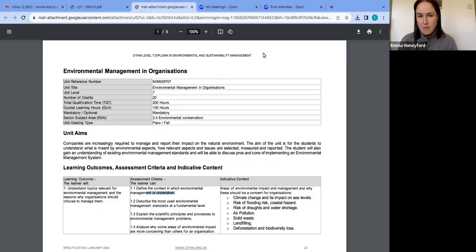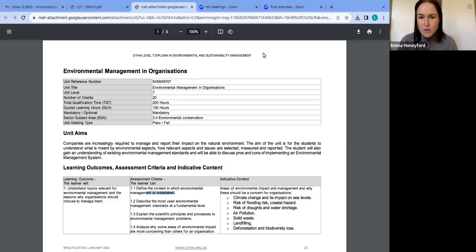So the unit aim, Dahlia, is that we're going to look at how companies are increasingly required to manage and report their impact on the natural environment. We'll look into the drivers of that. The aim of the unit is for students to understand what is meant by environmental aspects, and how relevant aspects and issues are selected, measured and then reported.